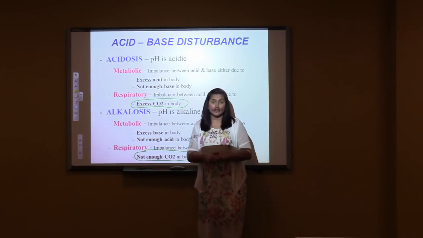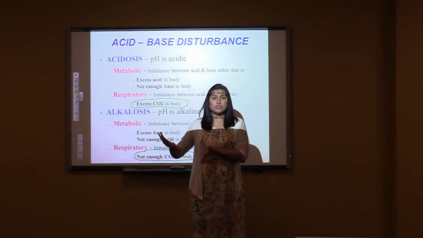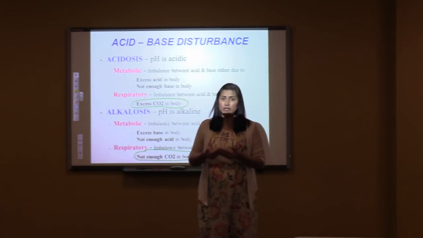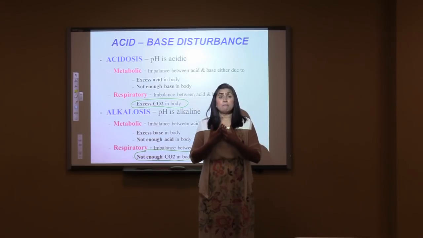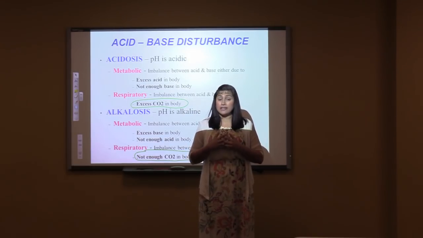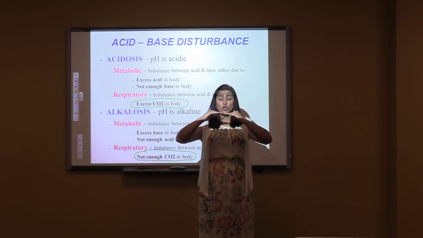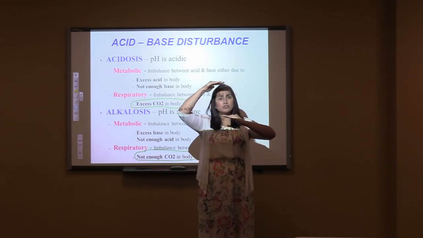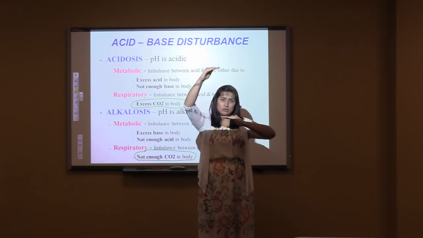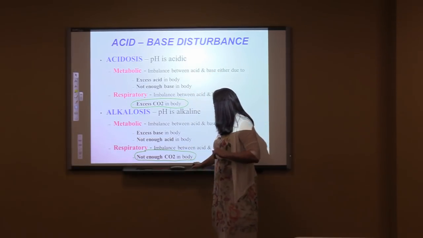Now let's look at the metabolic thing. Everything else besides the respiratory system, besides CO2, is considered metabolic. So when you say you have metabolic alkalosis, okay, that could be either due to you don't have enough acid, causing your base to be high, or you have too much base, causing the disorder. Okay?